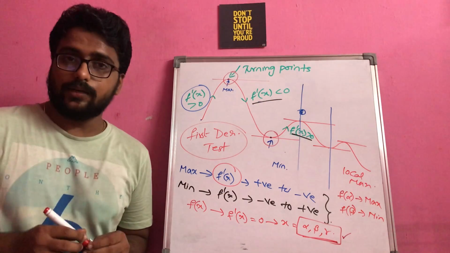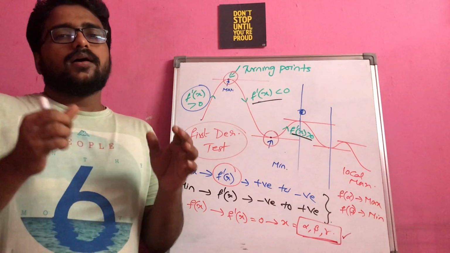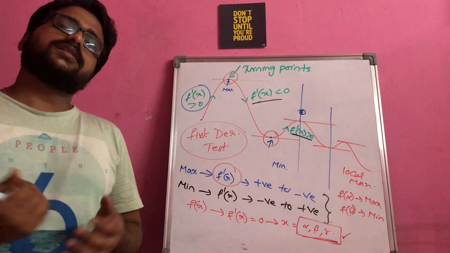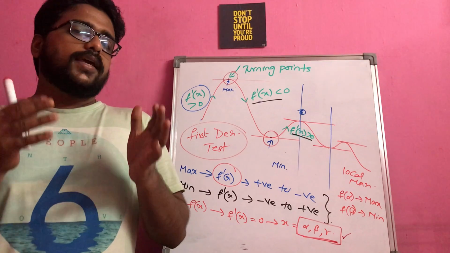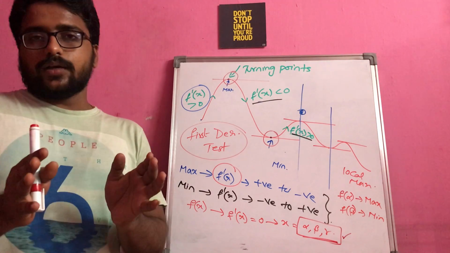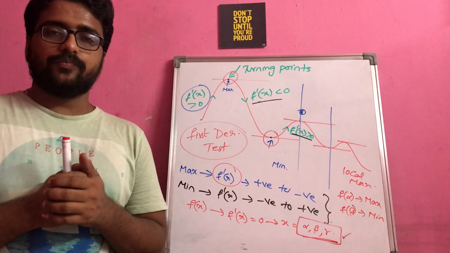So what does that mean? Let us say that you are studying in a school. Let us say your school has some other branches also, right? Say 4 or 5 branches. Now, if you are the topper in your class, that means you are a local maximum value.